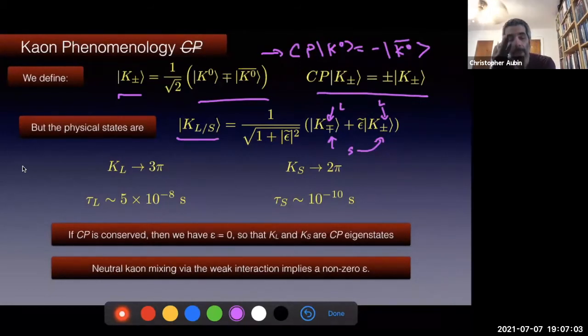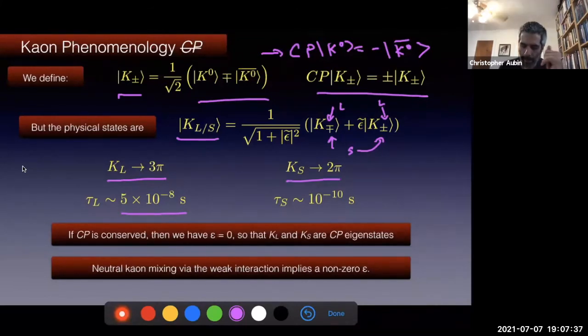And you've probably heard of the tau theta puzzle from back in the day, well before my time even, where you had kaons being able to decay to either 2 or 3 pions, which violates parity if parity itself is conserved. But of course, we know parity is not conserved in the weak interactions, so that's not a big deal. K long primarily decays to the 3 pion state, and that has a very long lifetime, about 5 times 10 to the negative 8 seconds.